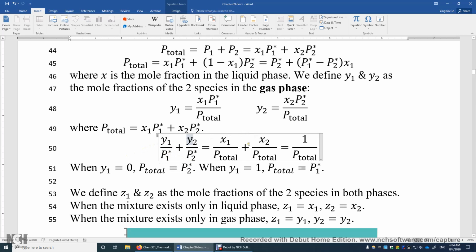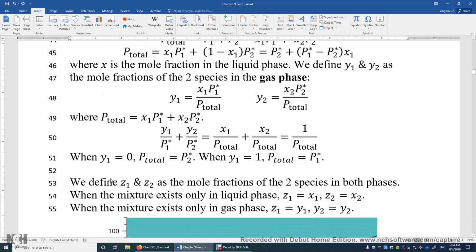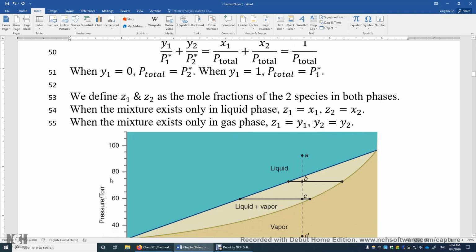This may help you recognize the difference between these equations. Other than X and Y, there's also a Z, the mole fraction of the two species in both phases.